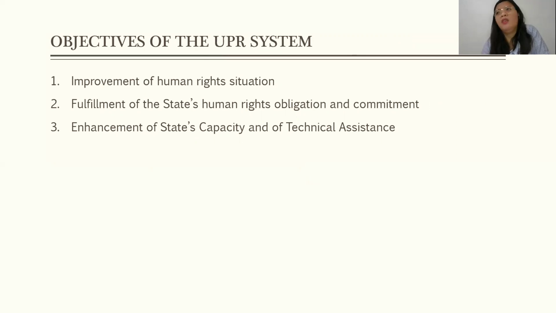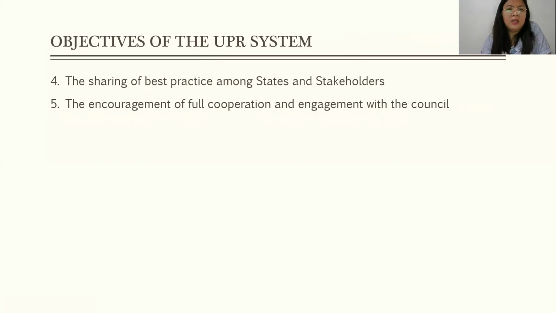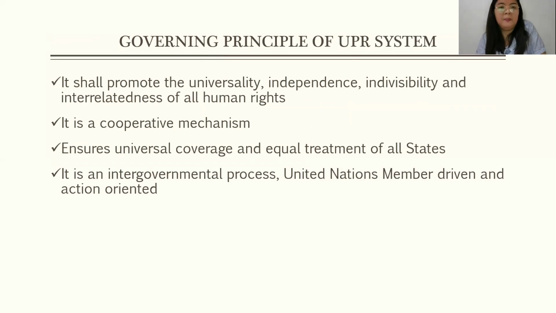It covers the commitment of every state in the protection and promotion of human rights and enhancing the capacity of each state and technical assistance. It also wants to share best practices among states and stakeholders, and to encourage full cooperation and engagement with the council.